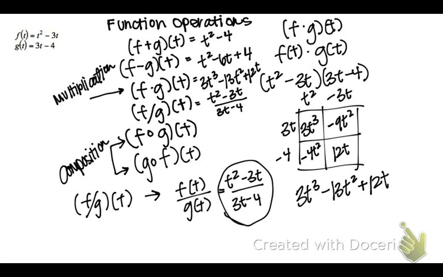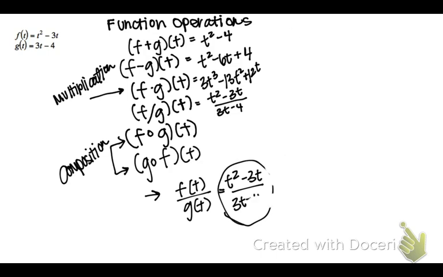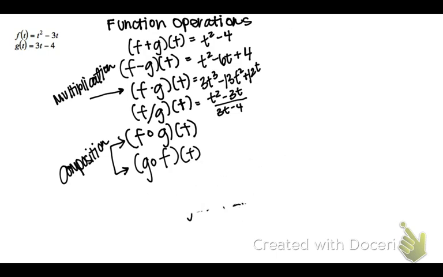These composition ones are the ones that give us the most trouble most of the time. So if we have f of g of t, I always rewrite this, and I would suggest that you rewrite it also. This g of t gets plugged into the f function.